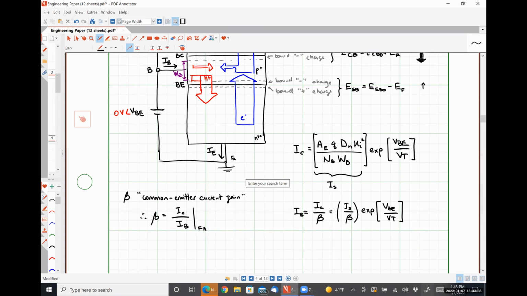And I'm making that clear because when we talk about saturation mode operation, there will be a beta or a common emitter current gain, but it will not be defined in the same, well, actually it'll be defined in the same way. It'll be IC over IB, but we'll find that it's going to have a smaller value. And it represents effectively the same thing, but we'll talk about it in a bit.